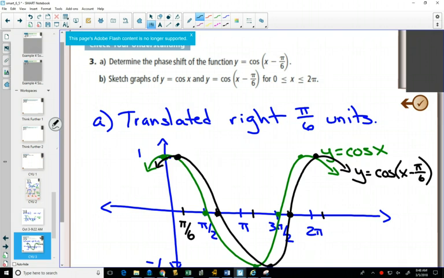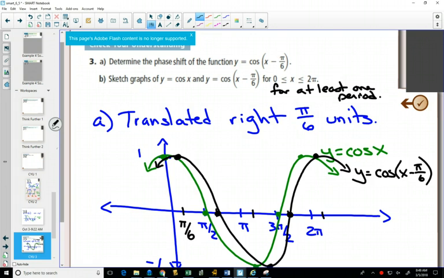Now, one thing that's going to be different in the way this one is worded compared to your final exam: your final exam, if they got you to sketch the graphs of cos x and cos(x − π/6), would probably say for at least one period. That allows you to stop your graph if you wanted to, or continue it, and you wouldn't lose marks if you forgot arrowheads as long as you had at least one period on the graph.